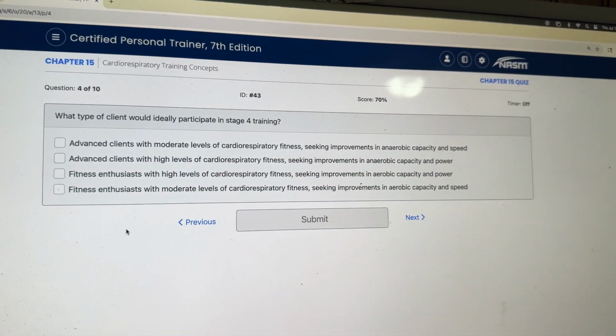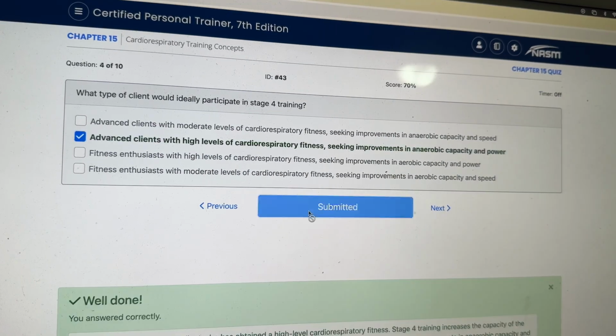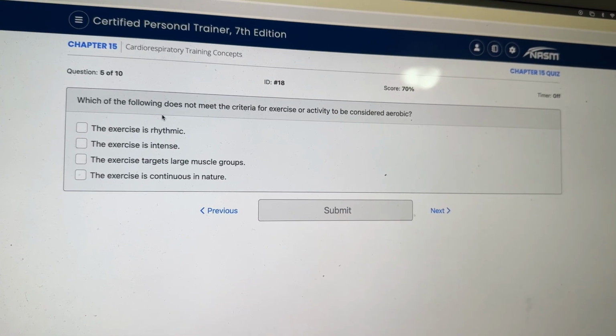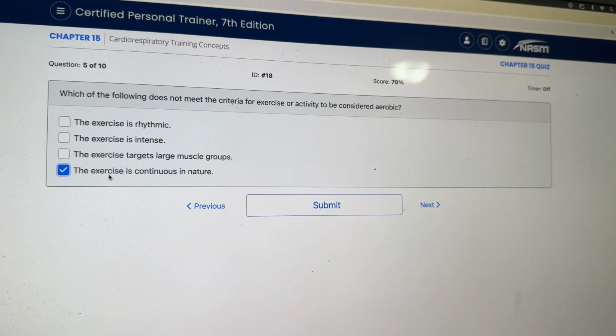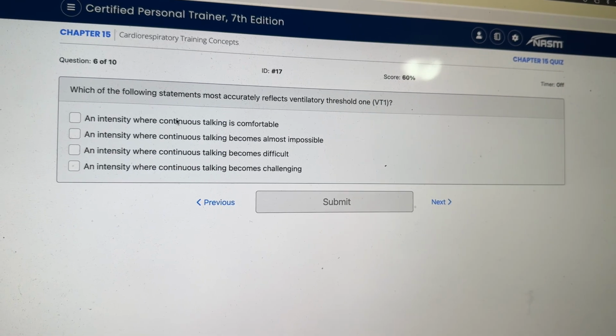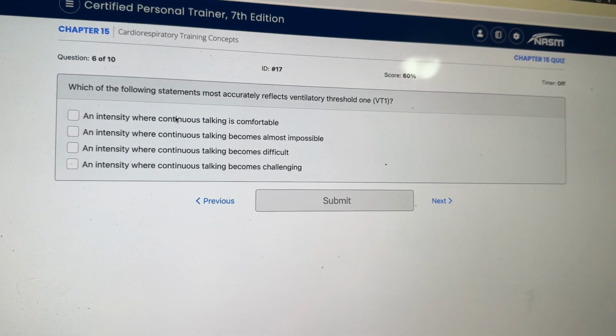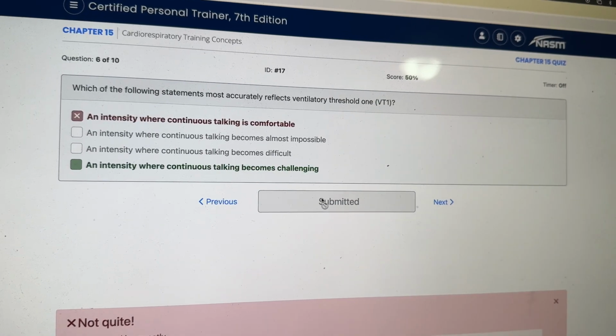What type of client would ideally participate in stage 4 training? Which of the following does not meet the criteria for exercise or activity to be considered aerobic? The exercise is continuous in nature. What? Which of the following statements most accurately reflects ventilatory threshold 1? Bro.